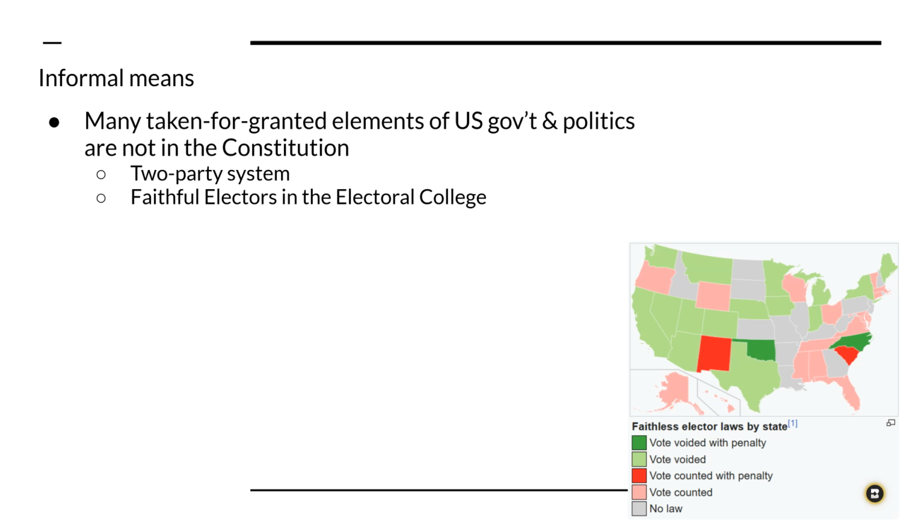To be an elector, you pledge yourself to support the candidates from a particular party. So if you're a Republican elector, you were pledged to cast your vote for Donald Trump and J.D. Vance in the event that those two candidates won the popular vote in the state of Missouri.